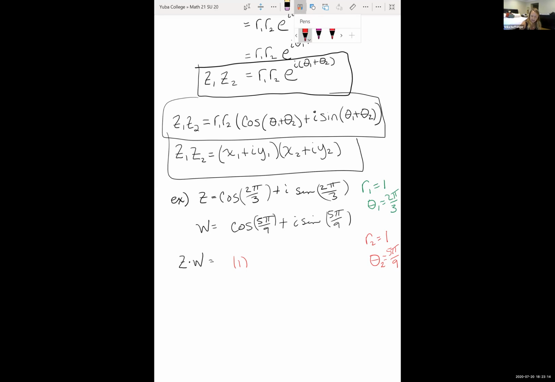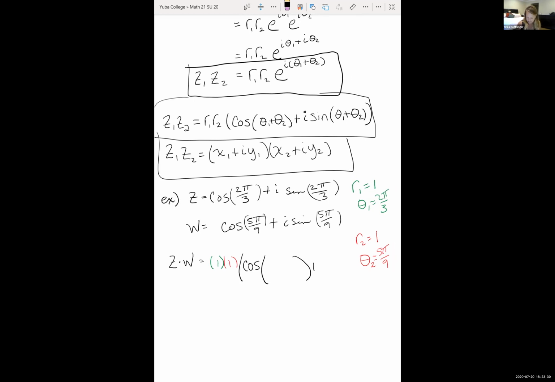So this tells me to take my r values, 1 times 1, all times cosine, summing those angles, plus i sine, summing those angles. So we're taking 2 pi thirds plus 5 pi ninths.